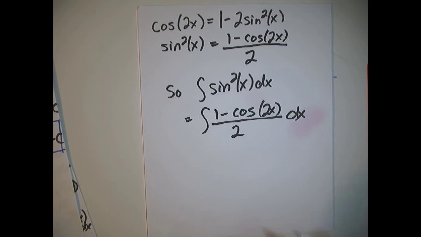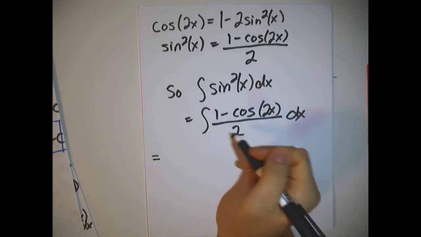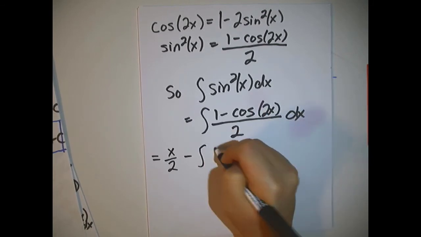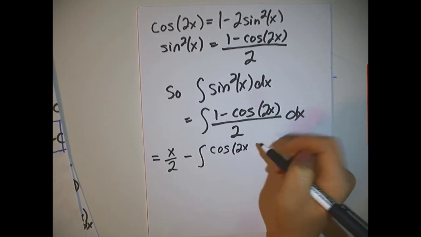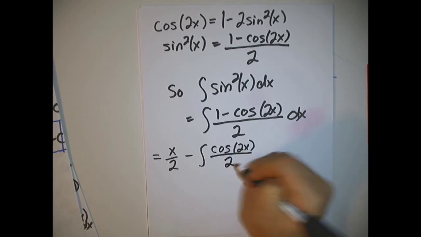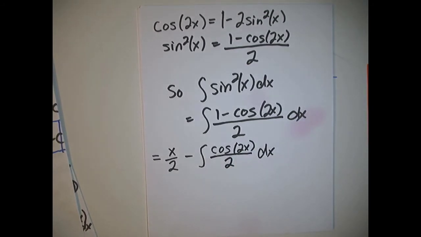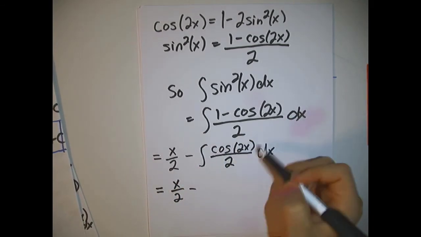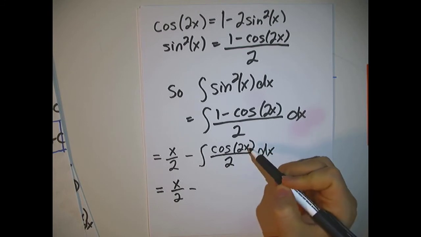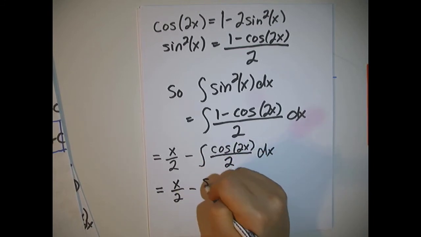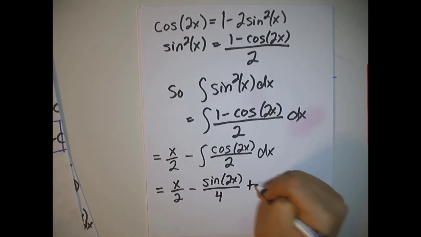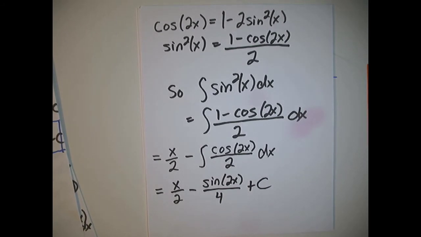So if I rewrite this, this now becomes the integral of 1/2, which is just x over 2, minus the integral of cosine of 2x over 2 dx. And so that is x over 2 minus, and you can see here that if I take u equal to 2x, then I'm going to have to divide this by 2 again. And so I'm going to get sine of 2x over 4 plus c. And that'll be my answer here.